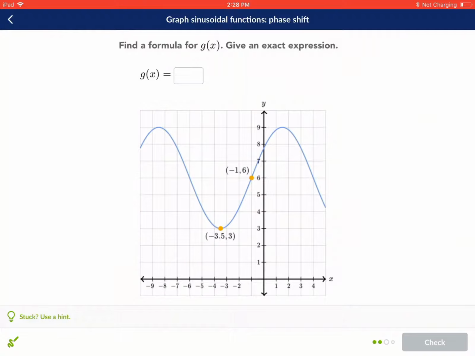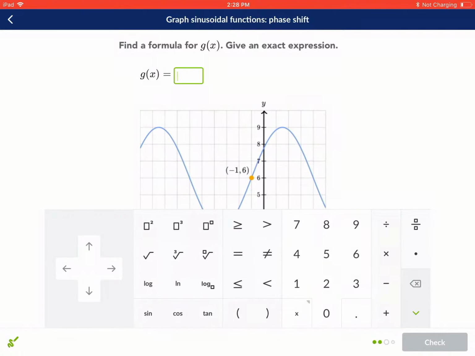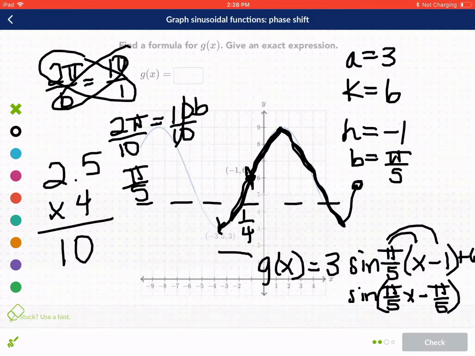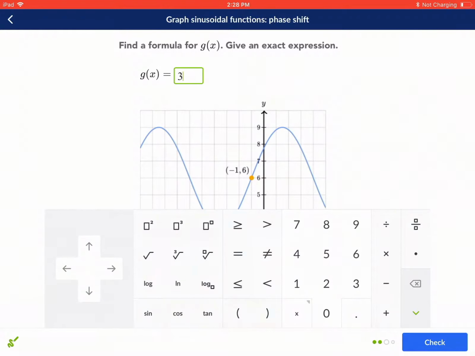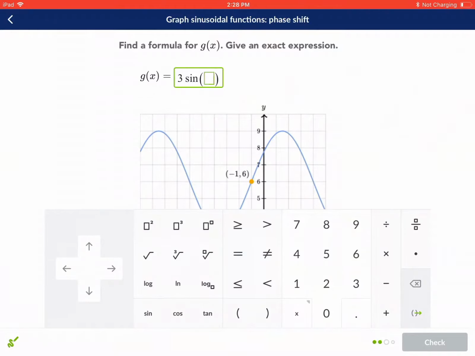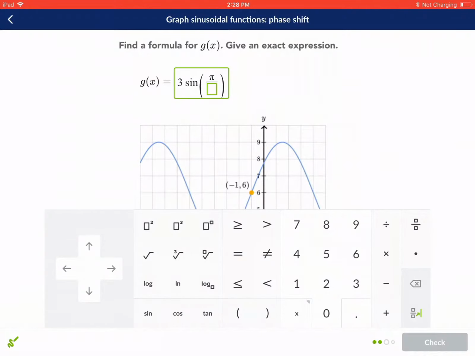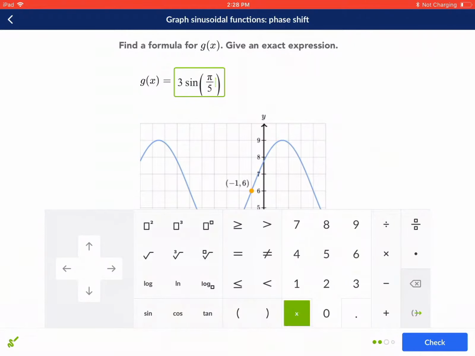Okay, let me double check, make sure that I have everything before I go ahead and start typing this in. So I've got 3 sine pi over 5 x minus pi over 5.